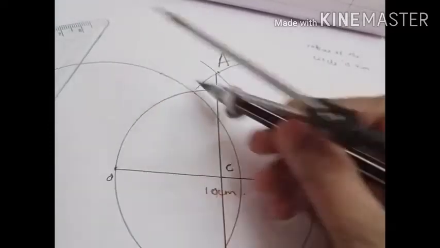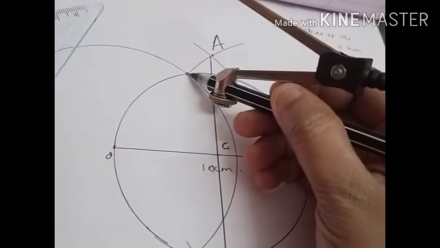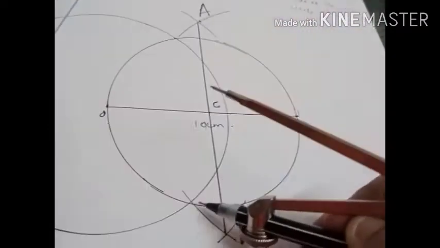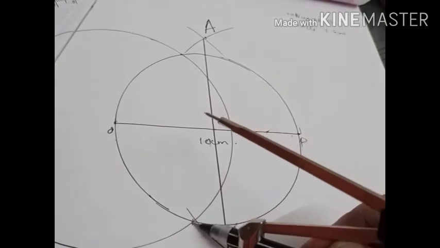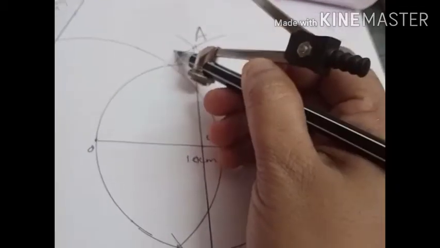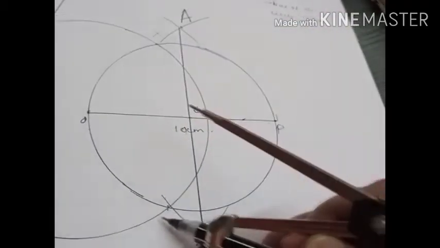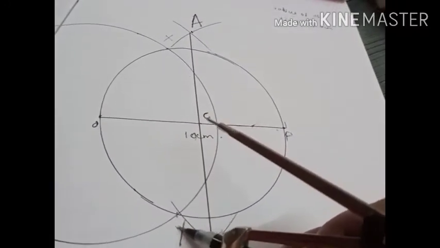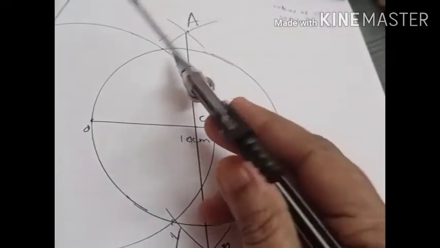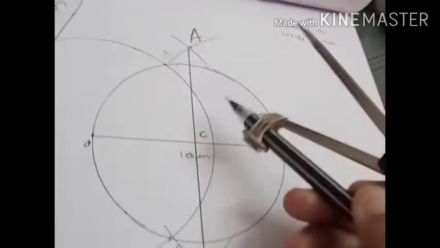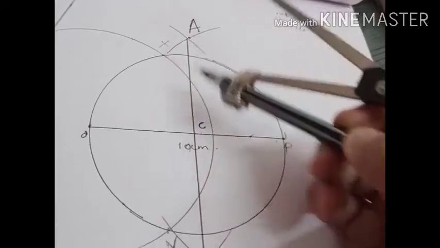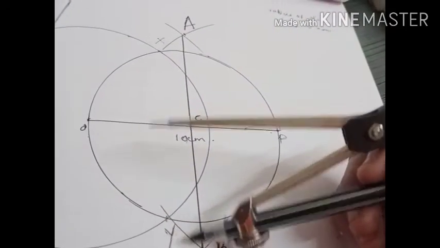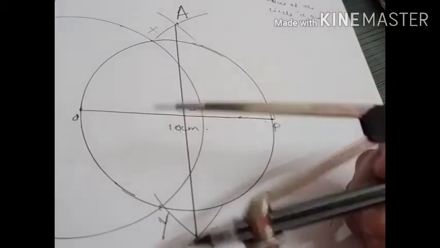Clear? Now the second circle intersects the first circle at 2 points. This is a point, this is another point. Okay, then this we can write X, then this as Y. So these are the point of contacts of the tangents. X is one of the point of contact and Y is another one point of contact.